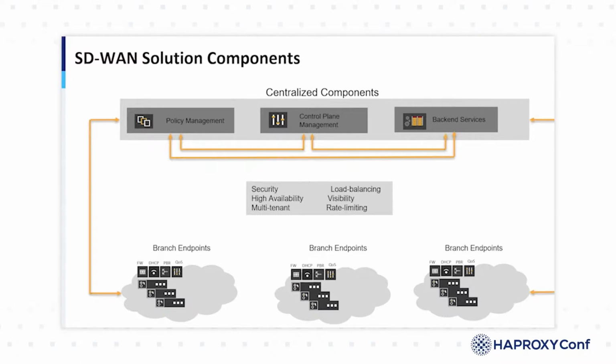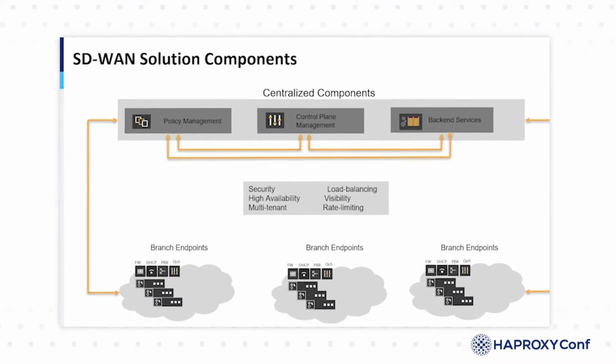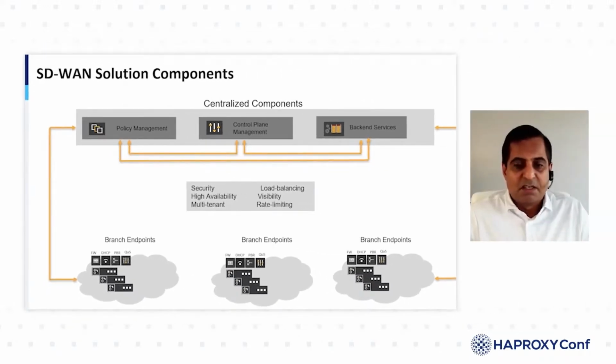Now, when you have all these entities, some of them distributed branch endpoints, some of them centralized, you want to have visibility of what is happening across these different SD-WAN solution components. The branch endpoints are not just generating control plane and management traffic, they are also generating traffic for statistics, monitoring data, and communication to web filtering services and several other services.